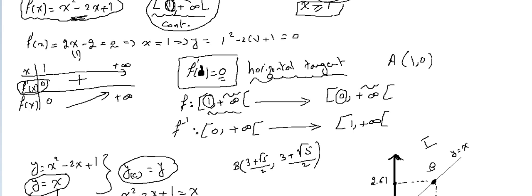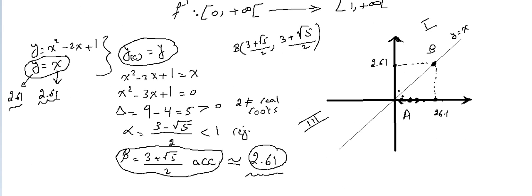This means we have a horizontal tangent here. Very good now, because we know that the curve passes through this endpoint, and it should pass through point B because it's the point of intersection between the curve and the straight line y equal x. At A we have a horizontal tangent, so we draw it as a tangent.